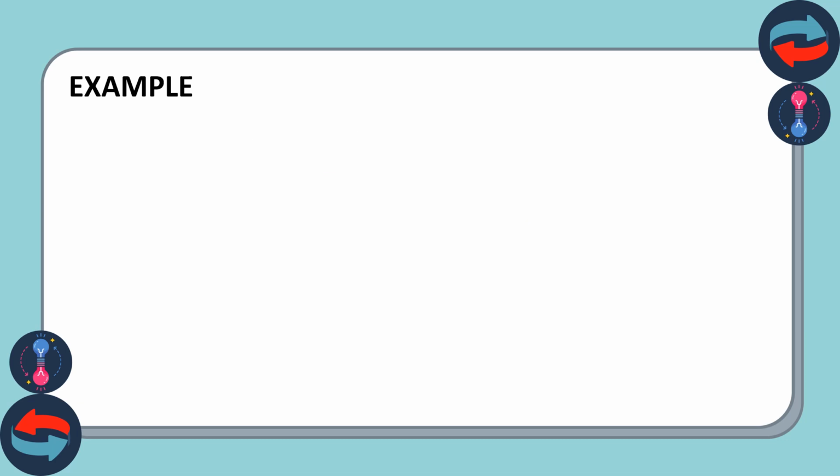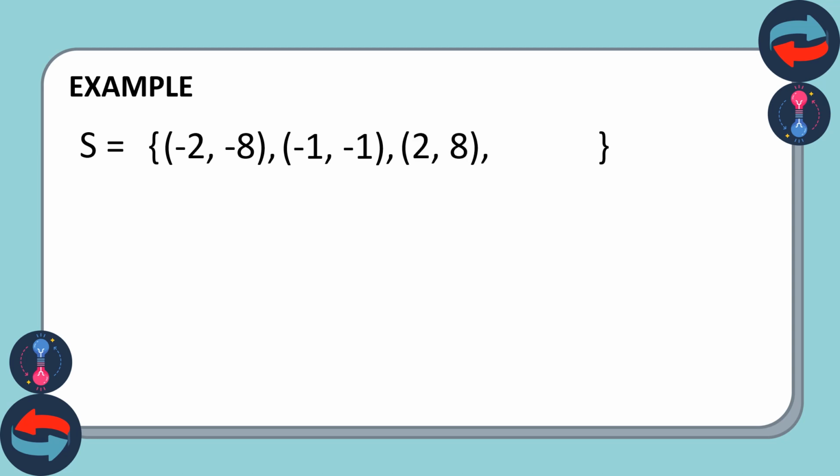For our next example, we have S equals the set of ordered pairs (-2, -8), (-1, -1), (2, 8), (3, 27).